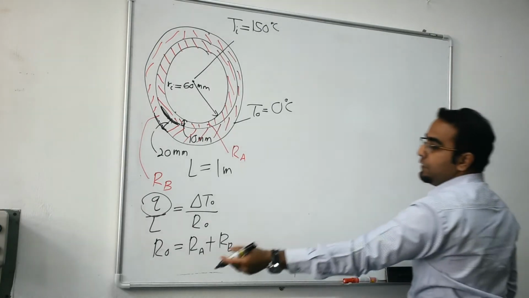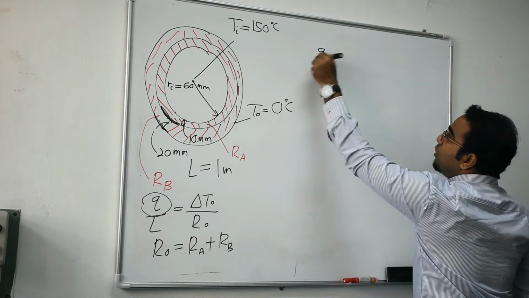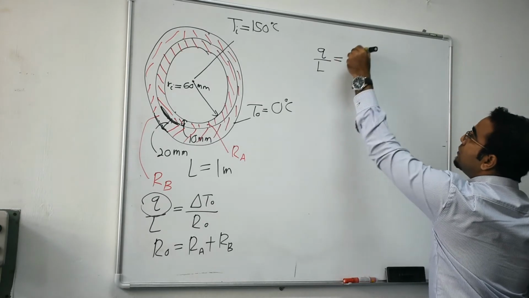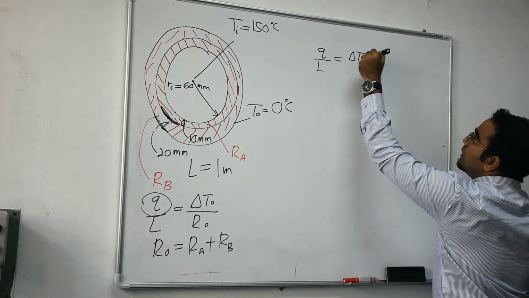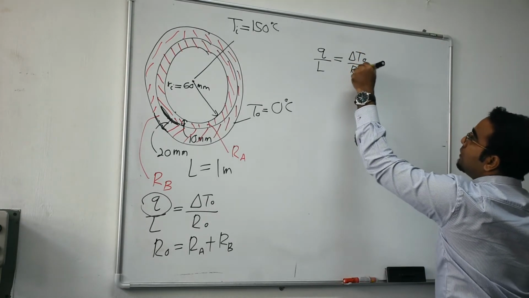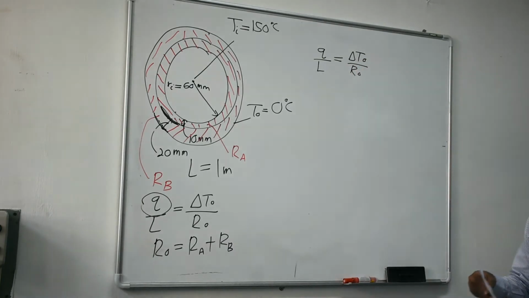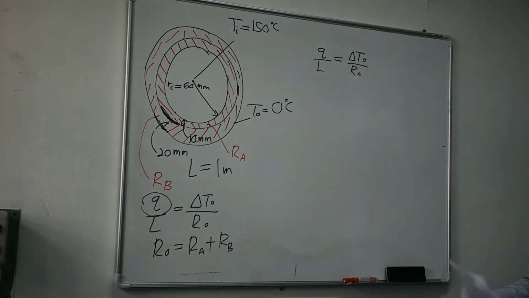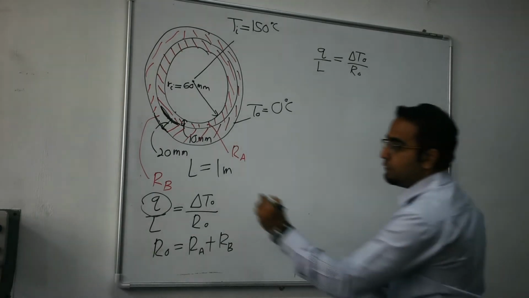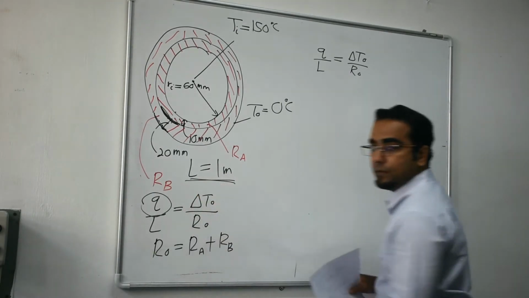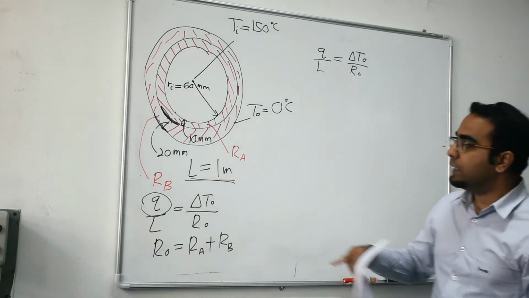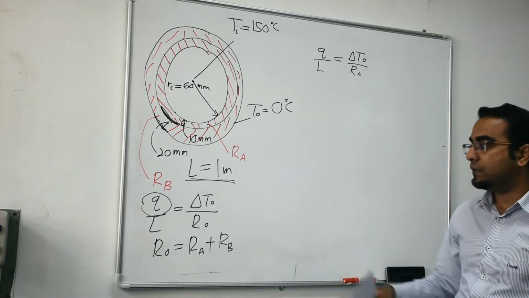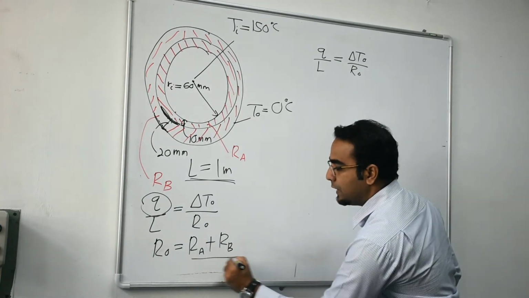Okay, the general equation Q over L is equal to delta T overall over R overall. Now this is the general equation, but in the question it has already given us the value of L, right? And we have incorporated the value of L in the calculation of RA and RB.